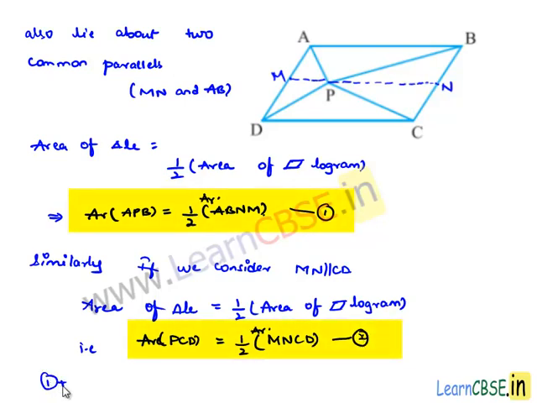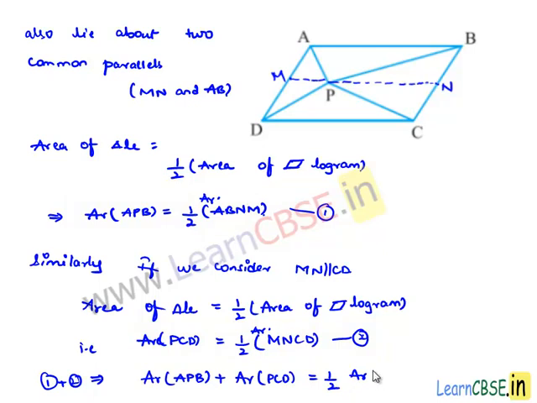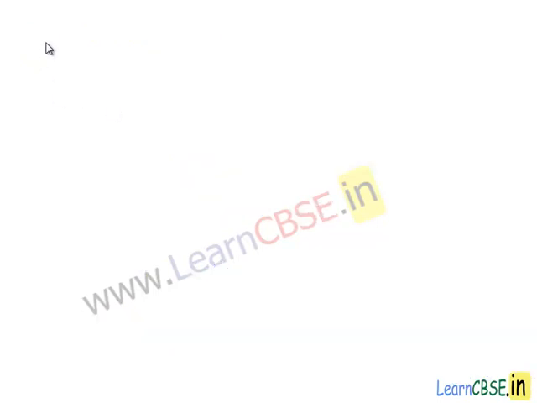Now, by adding 1 and 2, we get area of APB plus area of triangle PCD is equal to half times area of ABNM and half times area of MNCD. That implies area of triangle APB plus area of triangle PCD is equal to half times the area of ABNM plus area of MNCD.